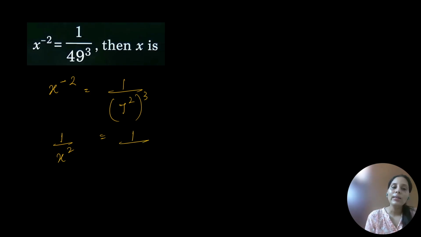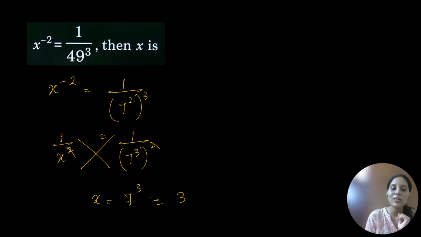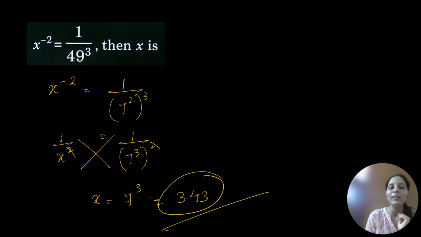So 1 by, see, if I write 7 square whole cube or 7 cube whole square, it means the same, isn't it? Because from both sides I get the answer as 7 power 6. So I can write either way. Now I can equate, and the square and square get cancelled. So if I cross multiply, I get x as 7 cube, which is nothing but 343. We just saw this in power laws.